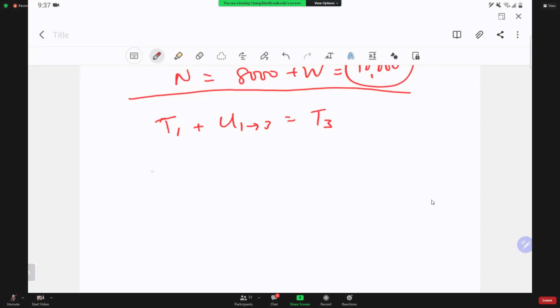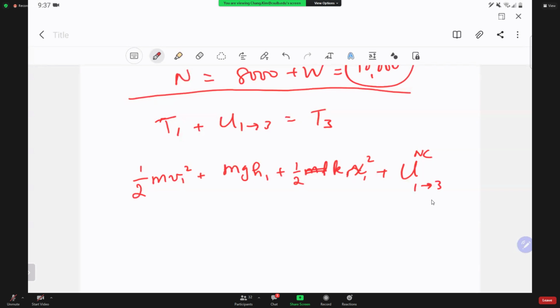Basically, all you have to do is write that long equation: 1/2 times m v1 squared plus m g h1 plus 1/2 times k x1 squared, plus U, the work done by any non-conservative forces going from 1 to 3. So you just have to write it down. Same stuff.